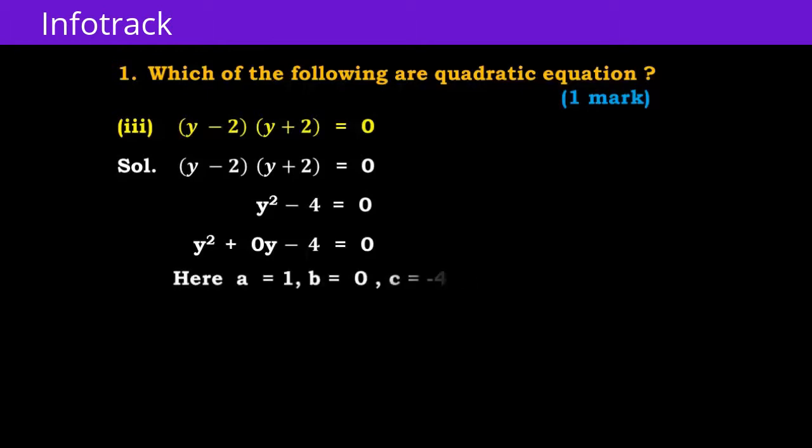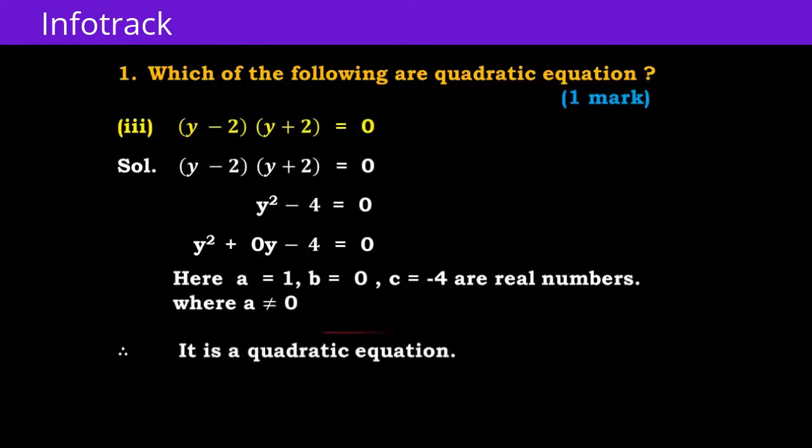And we can observe here a is equal to 1, b is equal to 0, c is equal to minus 4 are real numbers and a is not equal to 0. So it is a quadratic equation. So remember students, first you have to convert this in general form. Then you can identify whether the equation is quadratic or not.